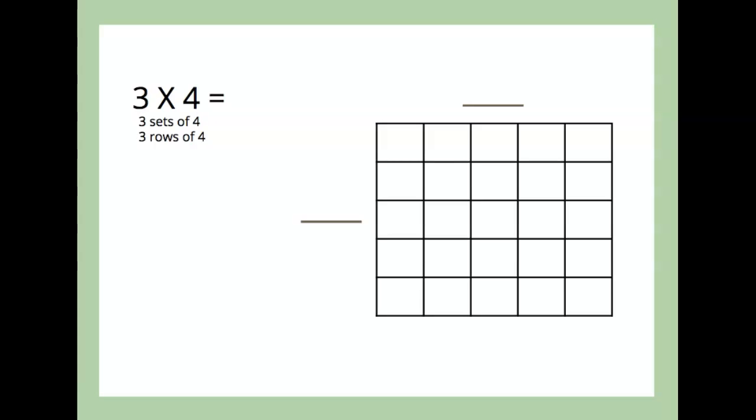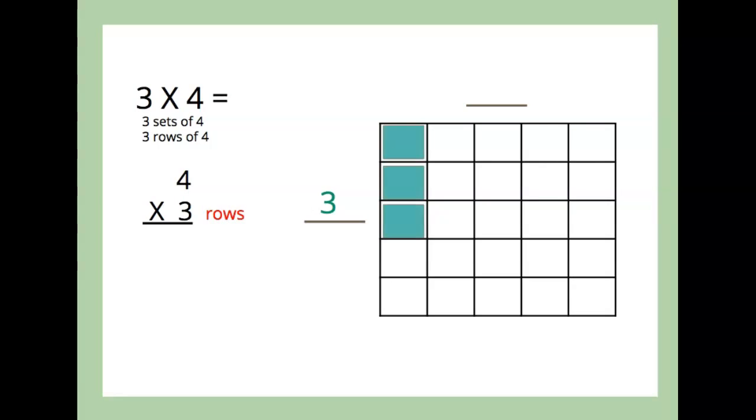It will look like this. Remember, with these vertical multiplication equations, you have to read from the bottom line to the top. So this is 3 rows of 4. On your array chart, it will be 3 rows of 4. Then we will fill in the spaces to make a rectangle. So the total number is 12.